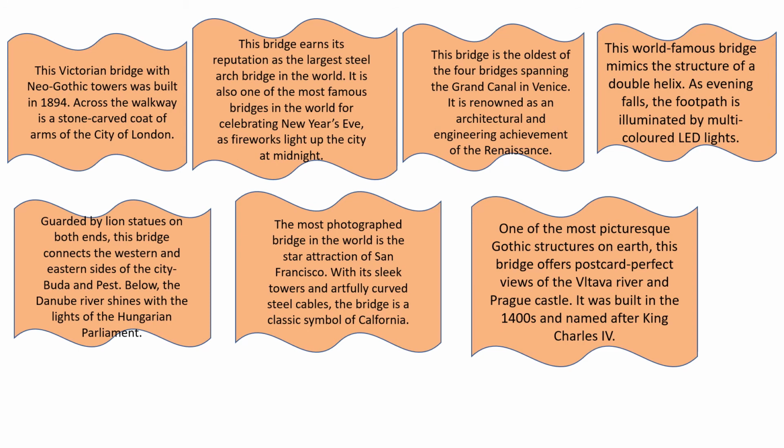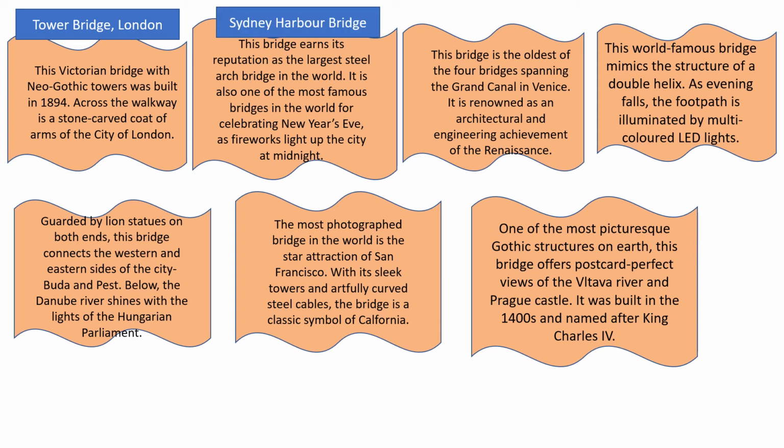Now let's check them. The first one, Victorian Bridge with neo-Gothic towers, is Tower Bridge in London. Then the largest steel arch bridge in the world is Sydney Harbour Bridge. The bridge spanning the Grand Canal in Venice is Rialto Bridge.